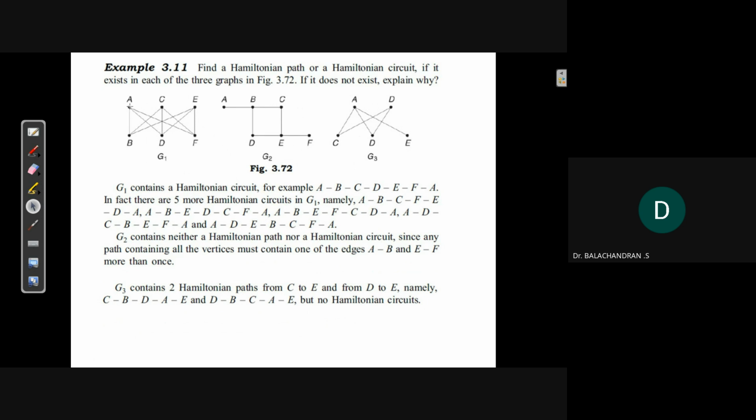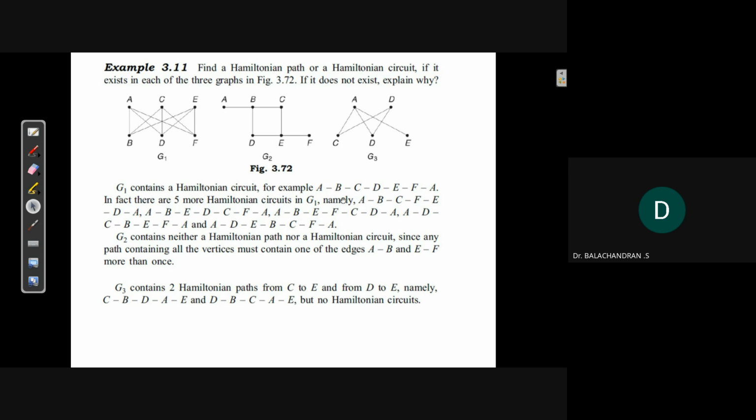Check it: A to B, B to C, C to D, D to E, E to F, F to A. So this is a circuit, sorry, a Hamiltonian circuit. It contains all the vertices exactly once. Starting and ending are the same point. In fact, there are 5 more Hamiltonian circuits in G1. Please find them out.